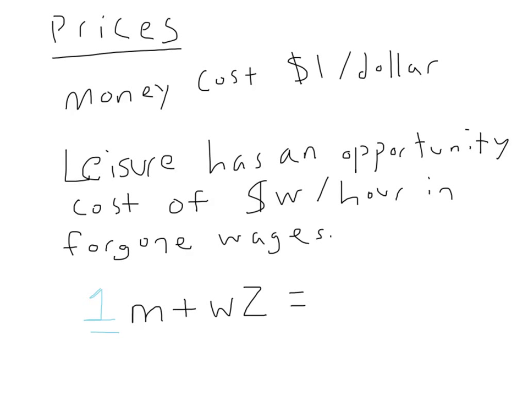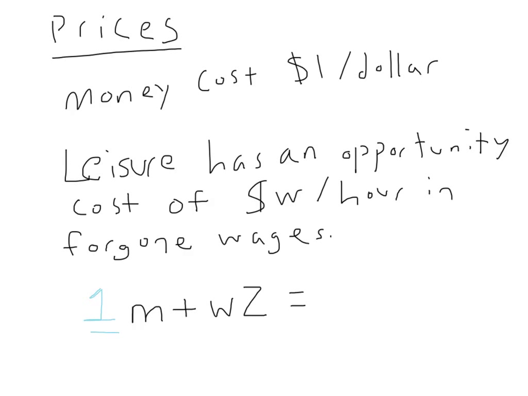Leisure does have a cost. Of course, there's no direct cost. It doesn't cost us anything to sleep. We can just go to sleep when we feel like. But by giving up an hour to sleep, we've given up W, our wage, dollars that we could have gotten. So there's an opportunity cost to leisure, and the opportunity cost is whatever wage we could have been paid.